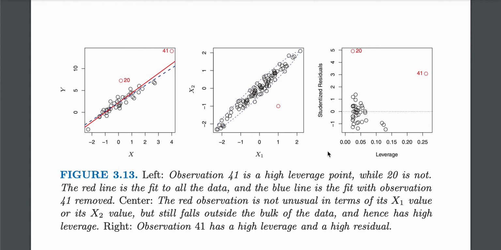Okay. Now here we have an example where a point like 41 doesn't only look like an outlier, but it feels that it's also away from the rest of the data. It seems that 41 has an x value which is different from the rest of the data.